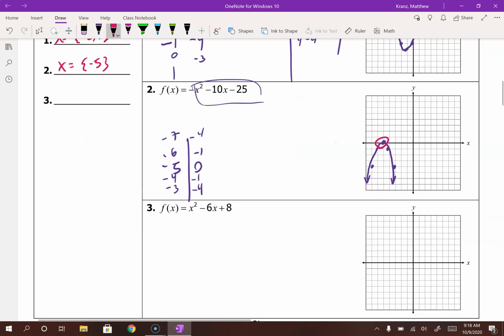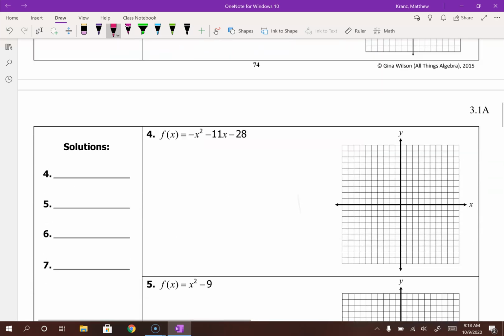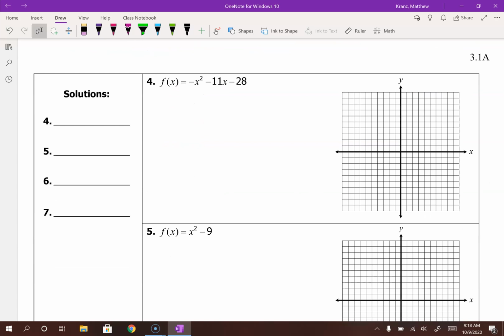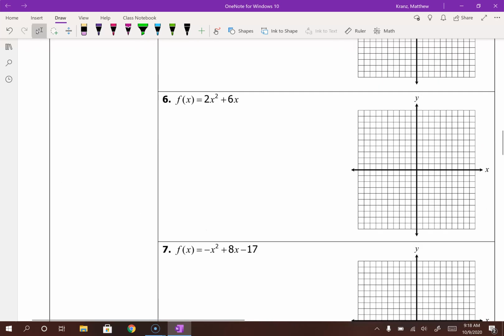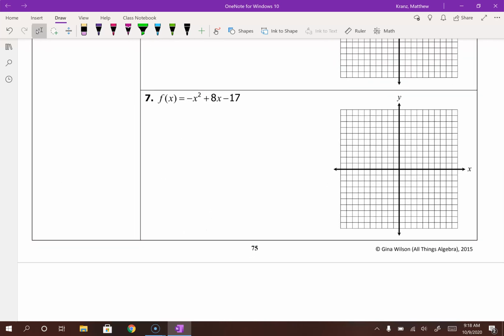All right, and then number 3 we'll tackle in class. Let's go ahead and skip down to number 7. I factor out my negative sign, giving me x squared minus 8x minus 17.